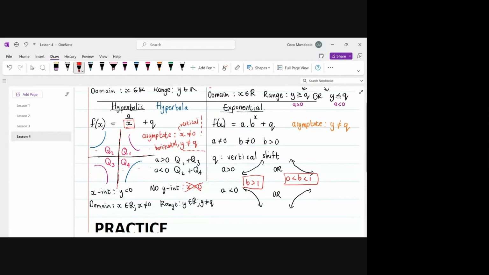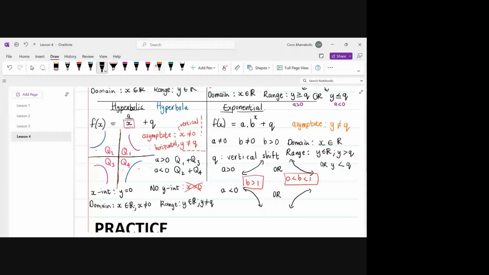All right. Again, I did not forget my domain. This is a lot of information, grade 10s. My domain: x is always an element of all real numbers. X is an element of all real numbers, and my range: y is an element of all real numbers, except y needs to be greater than my asymptote, or y needs to be less than my asymptote.